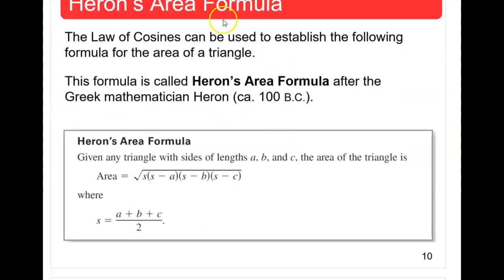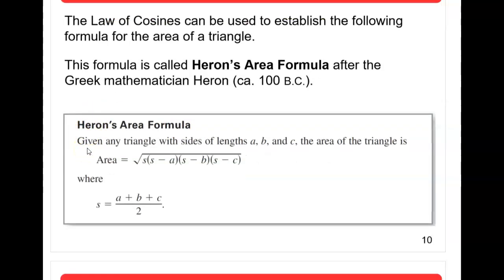So next concept and last objective for this section is called Heron's area formula. And this name is because it was invented or created by this Greek mathematician with that name, Heron, who lived approximately 100 years before BC.